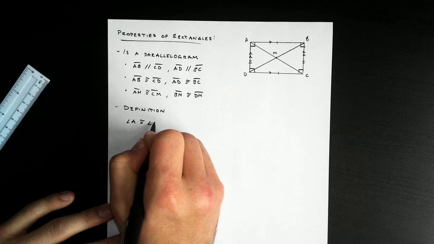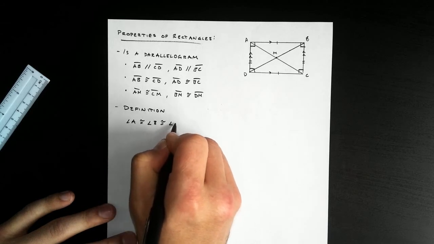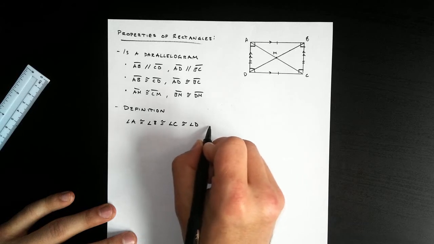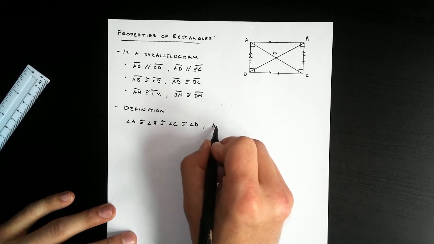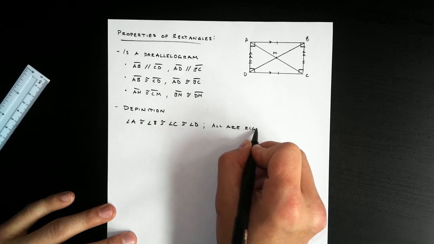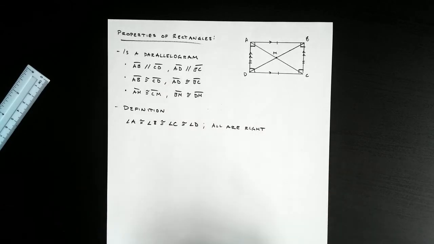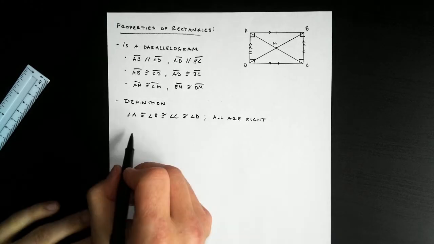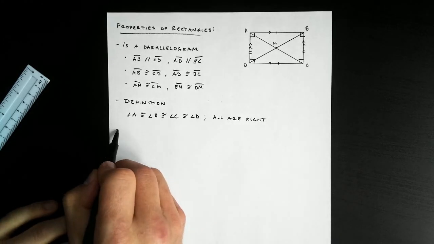I'm going to say that all 4 are congruent to each other. And let's just say that all are right angles. So that's the definition of a rectangle.